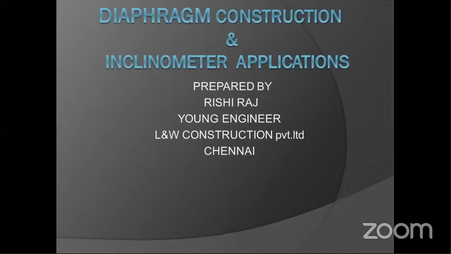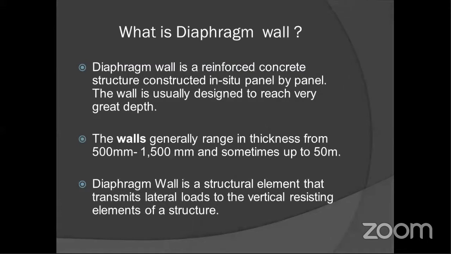So guys, first thing is, what is a diaphragm wall? A diaphragm wall is nothing but a normal reinforced concrete structure cast at site in panels, and it is designed to reach very great depth so that we can go for underground constructions.